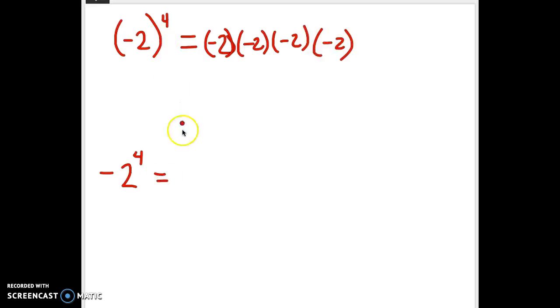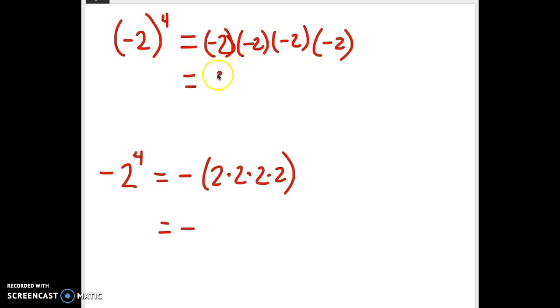Here, you're only taking the 2 to the 4th power, and then your negative will stay out in front. Okay? So 2 times 2 times 2 times 2. So when it's written this way without parentheses, your answer is going to be negative.